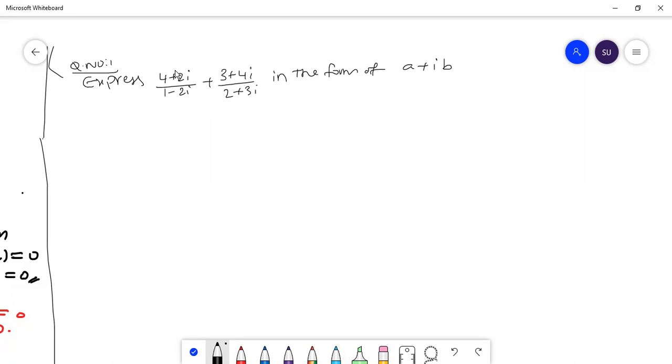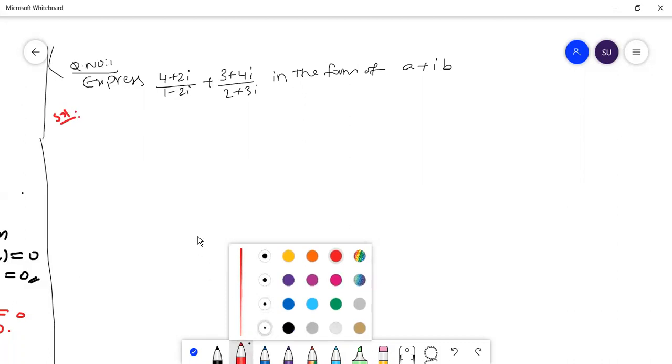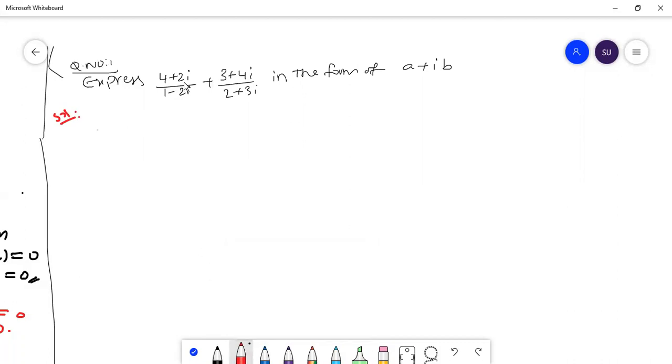So we need to express this in terms of a simple complex number, that is, in the form a plus ib. How to solve this? Here there are two parts in the question: (4 plus 2i) by (1 minus 2i).